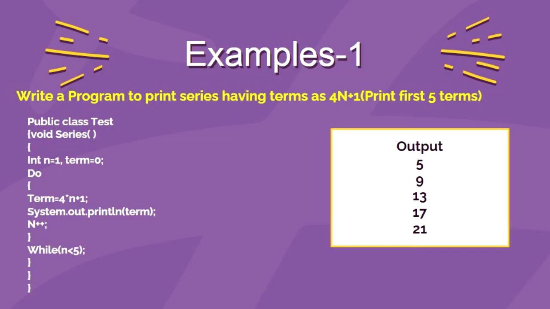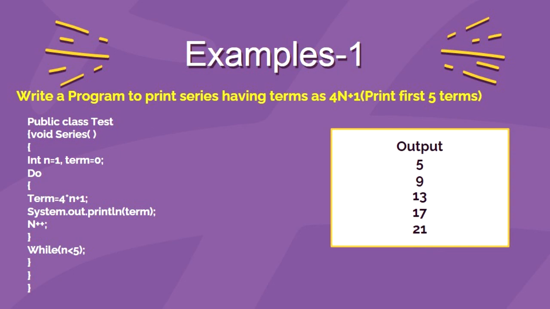So the program goes like this. Write a program to print a series having terms as 4n plus 1. Print the first 5 terms. Now public class Test, void series, n = 1 and term = 0 is the initialization. do. Now what to do? term = 4 * n + 1, where n is the number.